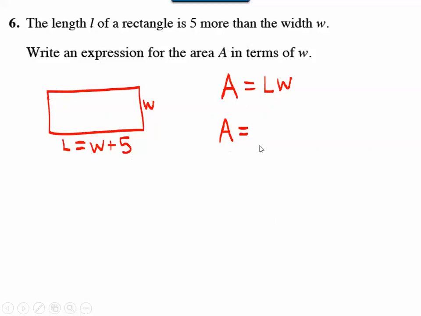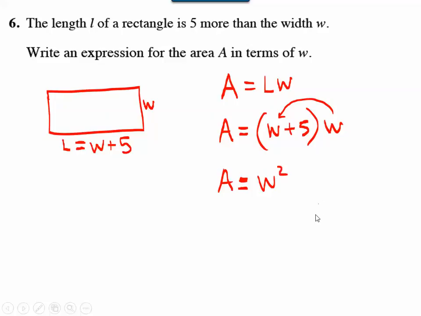So let's bring this in here. That's going to be W plus 5, still multiplying this little W at the end. Cool, there it is. I got area just in terms of width only. So then here's my distributive property again. So there's my formula. Kind of cool.